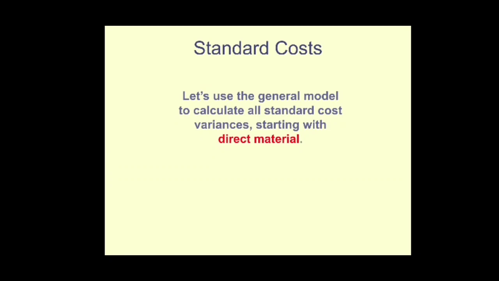Let's use the general model to calculate all standard cost variances, starting with direct material. Remember, in the previous video I introduced the basic formula to calculate the dollar variance and quantity variance, and you saw one example of how to do variance analysis for material cost.